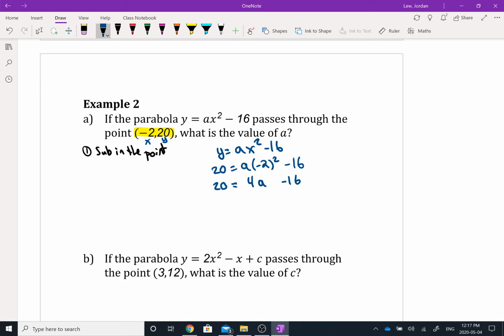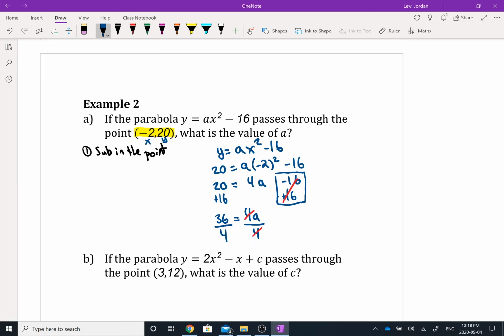Now I'm going to solve for a, or isolate for a, which is similar to what we've done before in previous units. So I'm going to get rid of the 16 by adding 16. I have to do the same thing to both sides. One side cancels out. I'm left with 36 equals 4a. And to get a by itself, I'm going to divide by 4 on the one side, divide by 4 on the other.